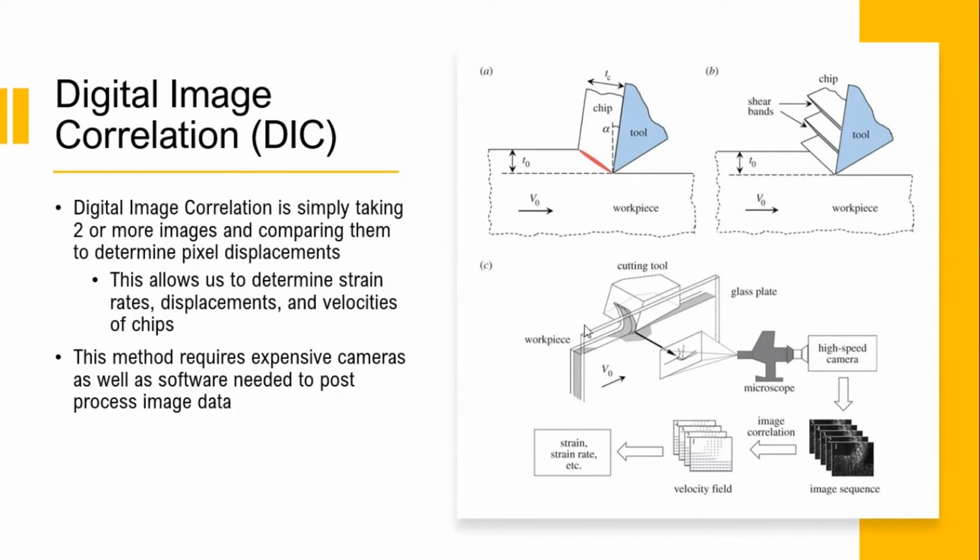And then from there, we can determine the velocity field as well as the strain rate and strain. This is important because it provides a very high fidelity, very accurate velocity field. However, it requires multiple high-speed cameras, which can be very expensive, as well as calibrating this for every test, which can also be pretty expensive and labor-intensive.